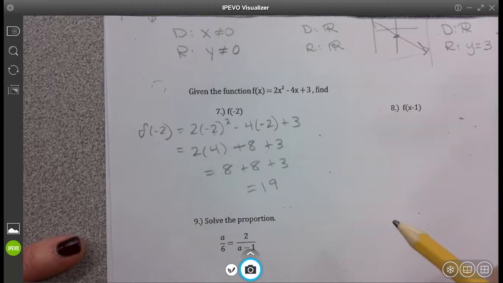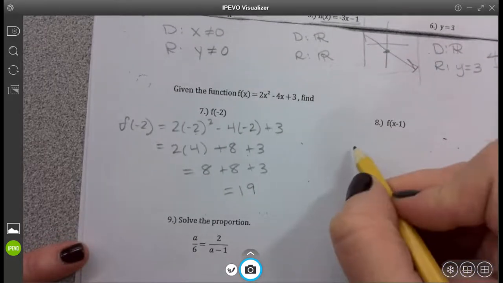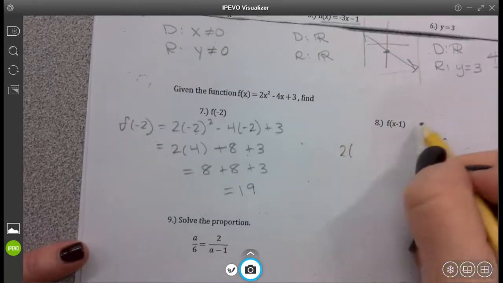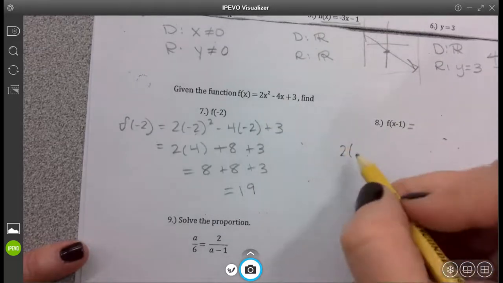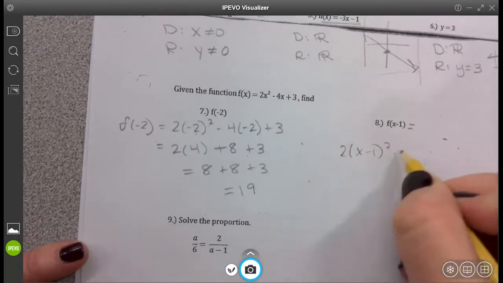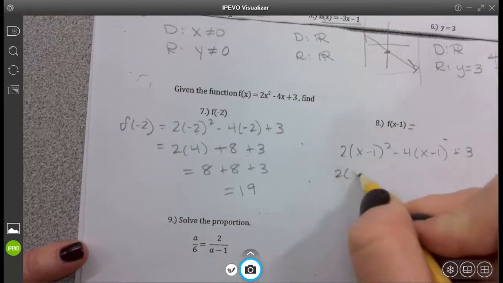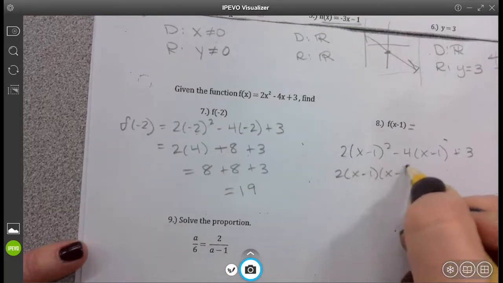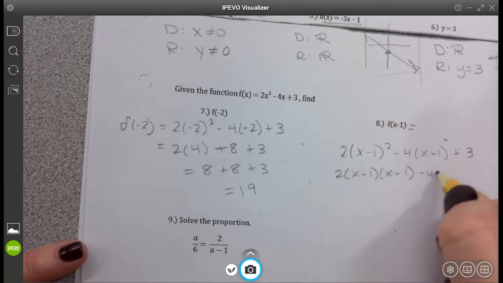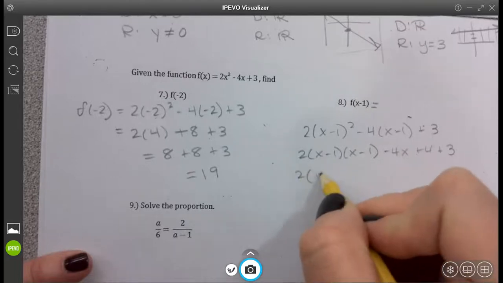PEMDAS, you have to go in order. Okay? Here, you put in x minus 1 wherever you see x. You have to FOIL first.